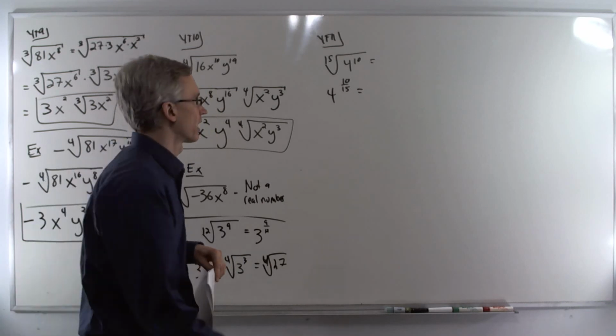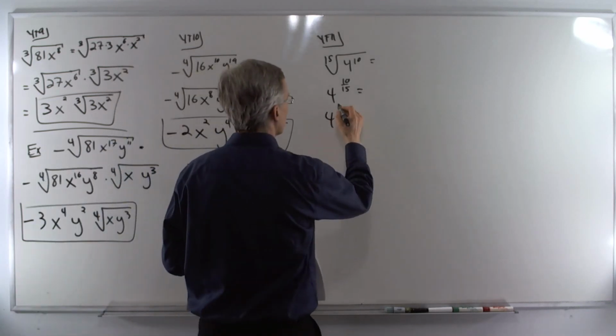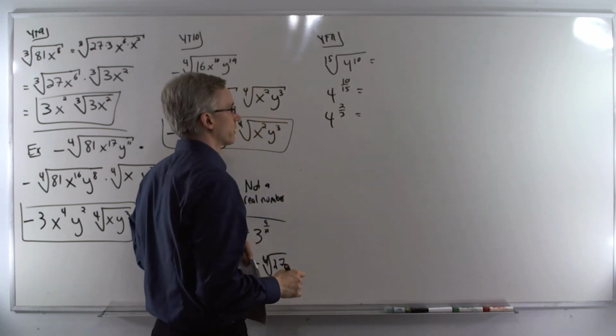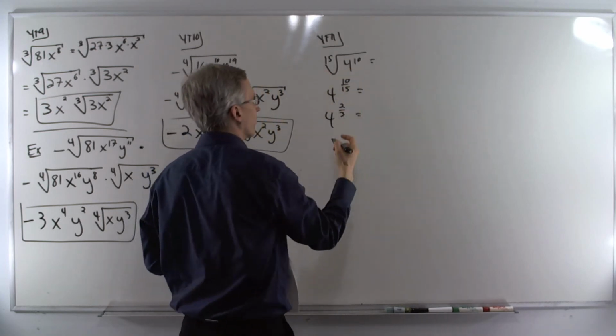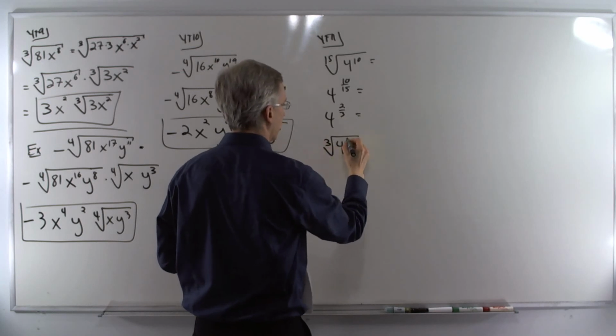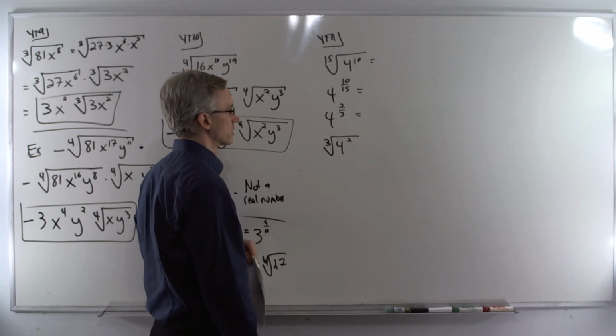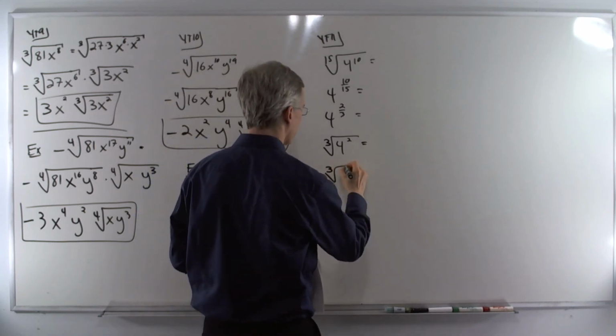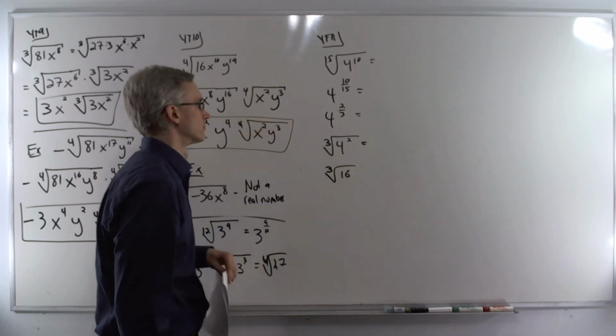Now we can reduce the fraction. That turns into 4 to the 2/3 power. Now we can convert back to radical form. So 3 is the index, and 2 is the exponent. So 3rd root of 4 squared, which is the 3rd root of 16.